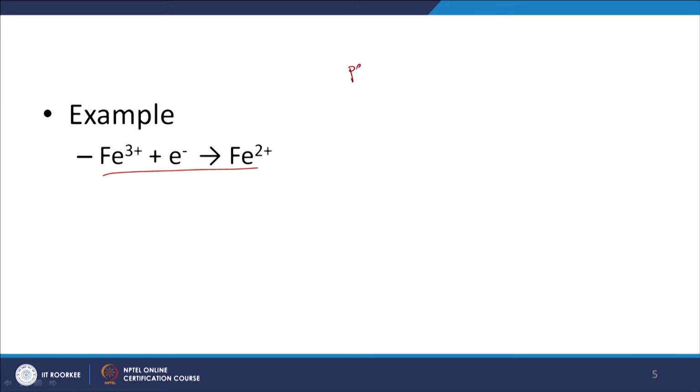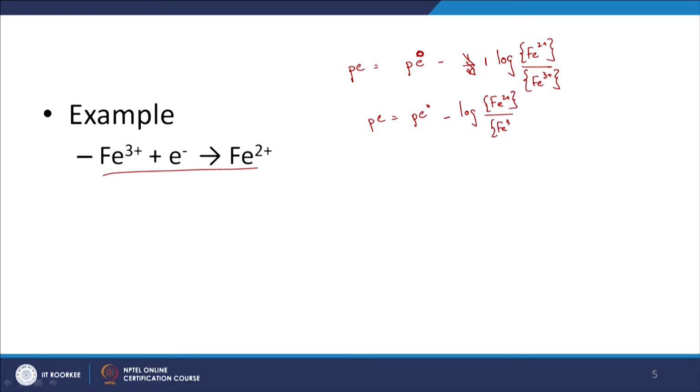Pe will be equal to Pe naught minus 1 by n, where n is the number of electrons being transferred, here only 1, so minus 1 into log q dash: the activity of Fe2 plus, the reduced form, by the activity of Fe3 plus. So Pe is equal to Pe naught minus log activity of Fe2 plus by activity of Fe3 plus.